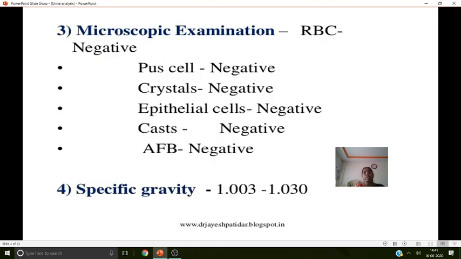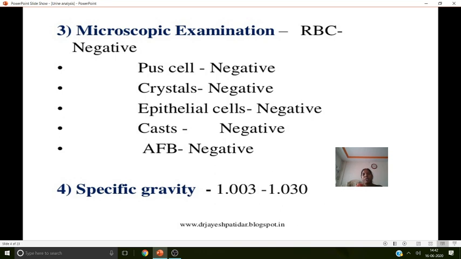And microscopic examination. What we see under the microscope in the urine: RBCs, red blood cells, which are negative in a normal person; pus cells, if there is any infection; crystals, which form because of an excessive amount of electrolytes; epithelial cells and casts, which are some of the sediments; and acid fast bacteria.